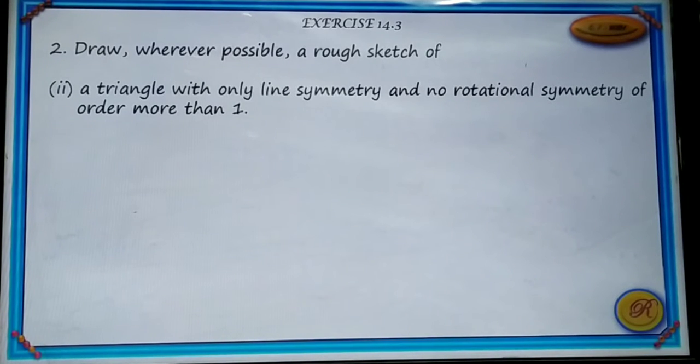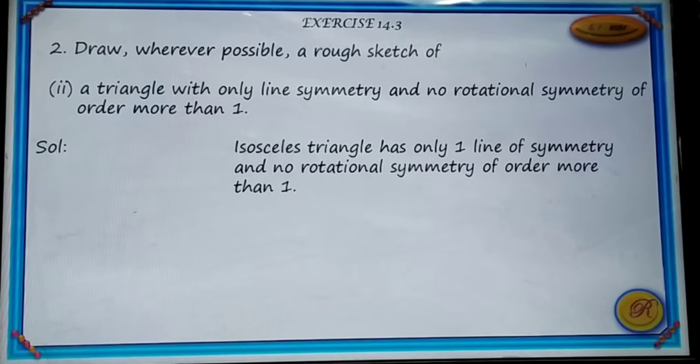Second one, a triangle with only line symmetry and no rotational symmetry of order more than 1. Solution. As you know, isosceles triangle has only one line of symmetry and no rotational symmetry of order more than 1.